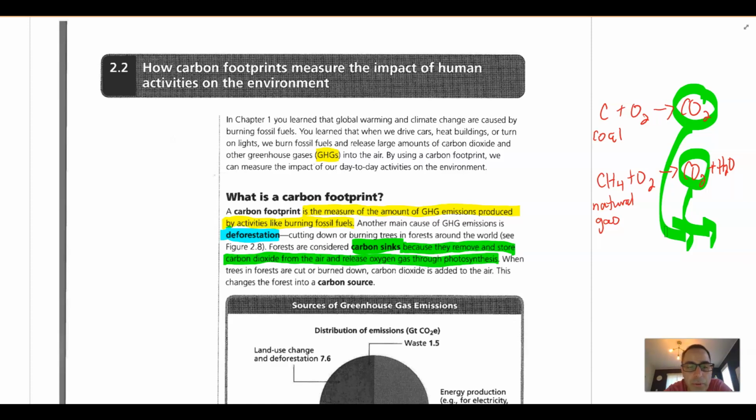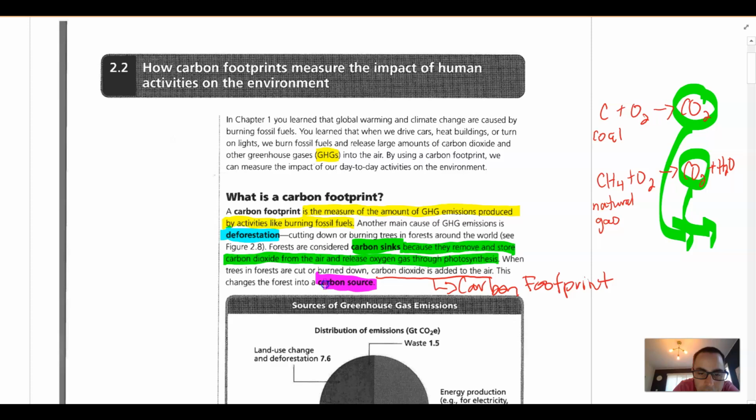When trees and forests are cut down or burned down, carbon dioxide is added to the air. So this is a carbon footprint right there. This changes the forest into a carbon source.